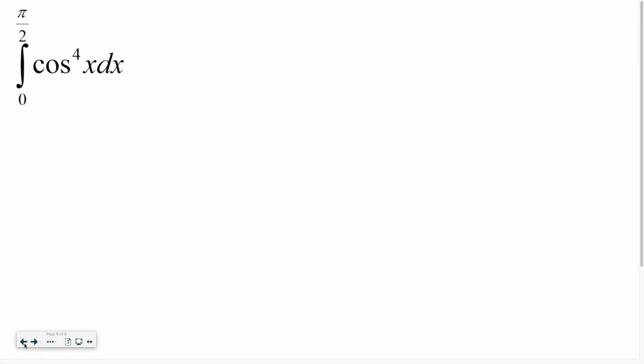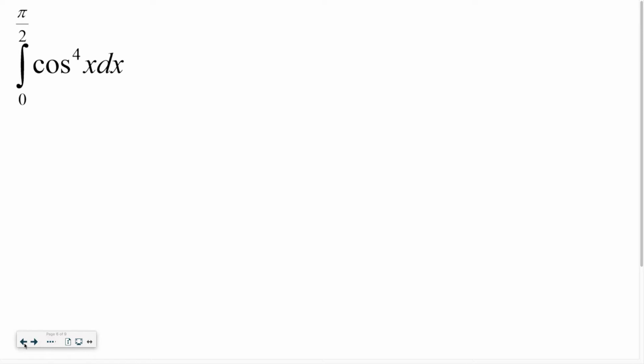Okay, what is the issue we are dealing with here? We don't have a little man to be our du. We don't have a sine left at all, which means we can't use u substitution, and we have cosine to the 4th power. You don't have an antiderivative for that.